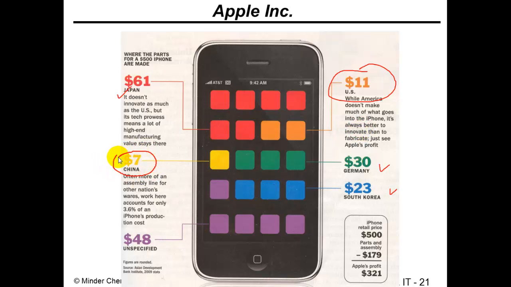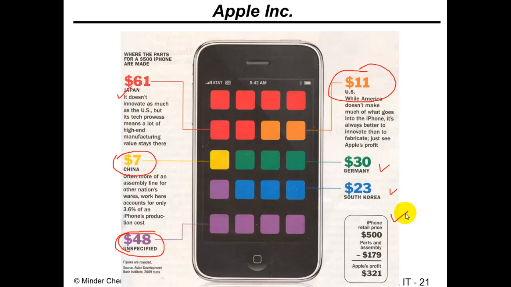China is doing the final assembly and only accounts for 3.6% of the iPhone's production cost. There are also some additional costs that are unaccounted for in terms of which country may benefit from it.